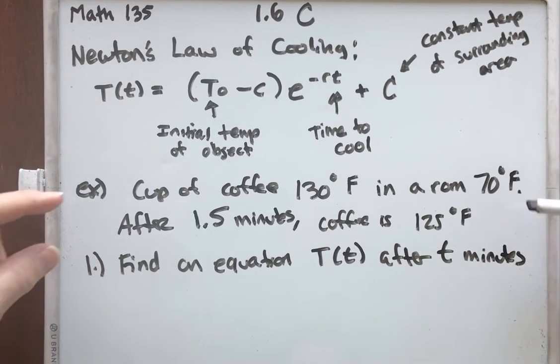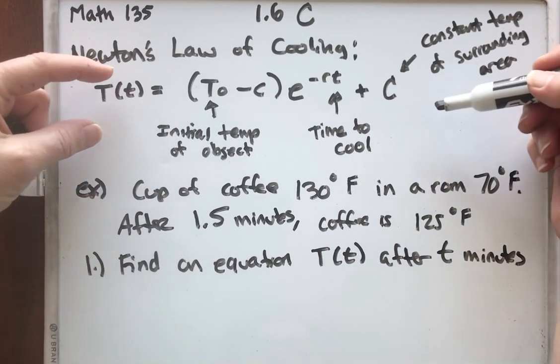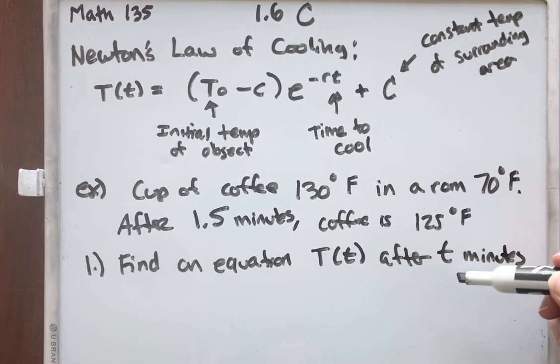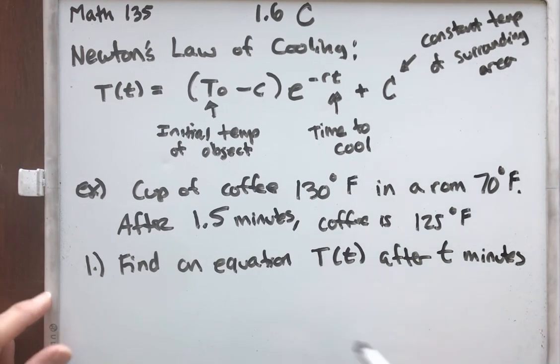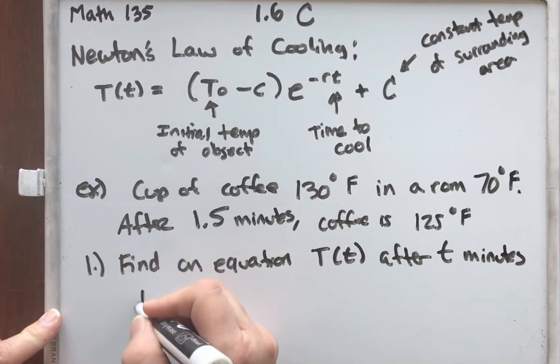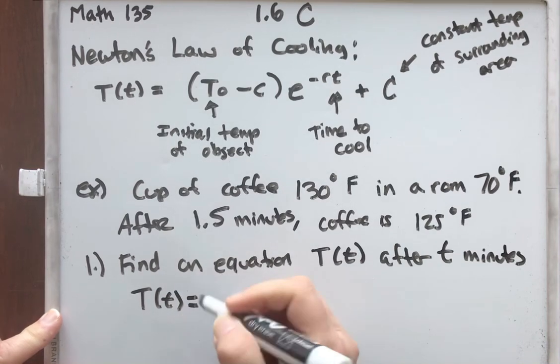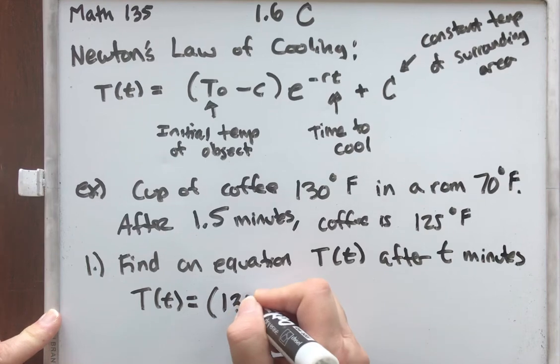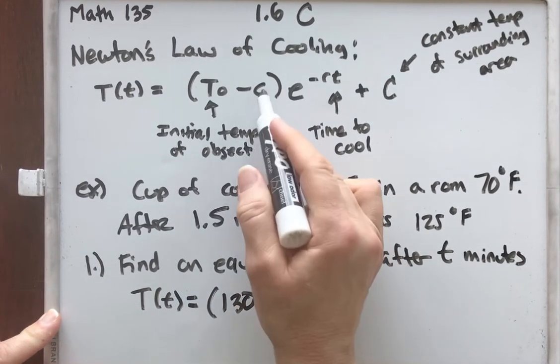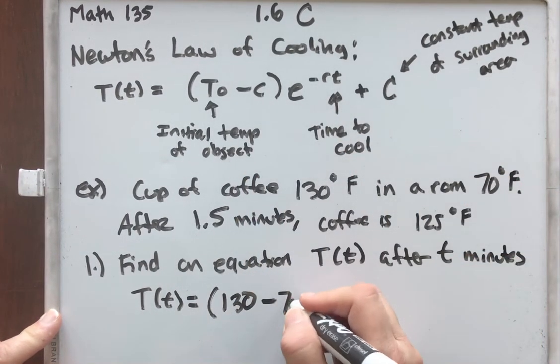Okay, so we're going to find an equation that we can apply so that after any number of minutes, we'll know the temperature of the coffee. Let's start with T of t equals T naught, the initial temperature, that's 130 degrees, minus the constant temperature of the room, which is 70.